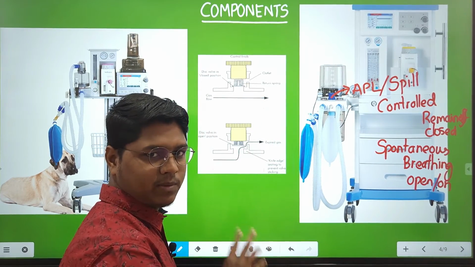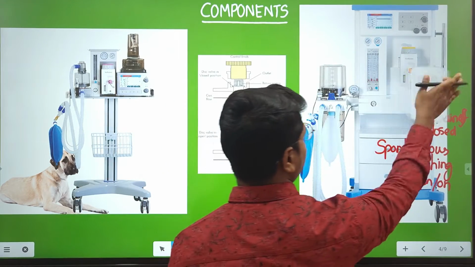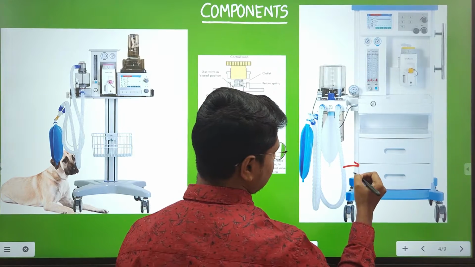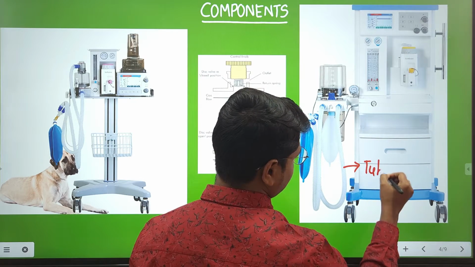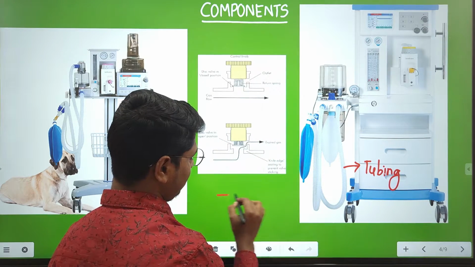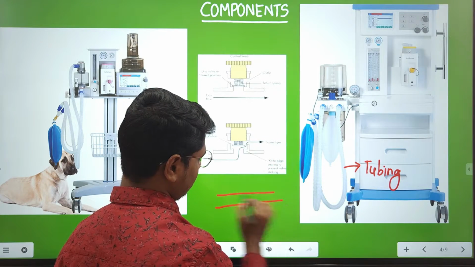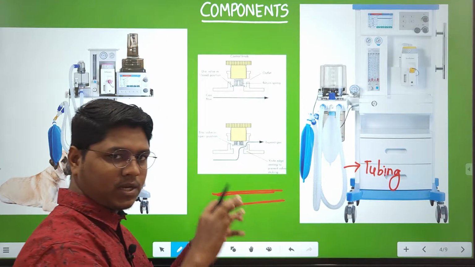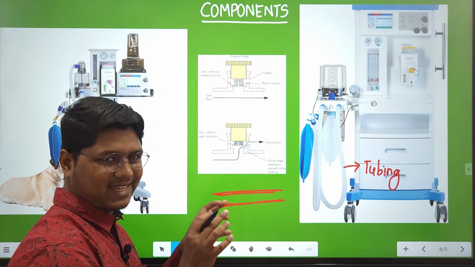You know about the reservoir bag and APL valve. These two are very, very important. Next is tubing. Earlier, a simple plain tube was used. The problem with this plain tube was that when it was bent, there was kinking.